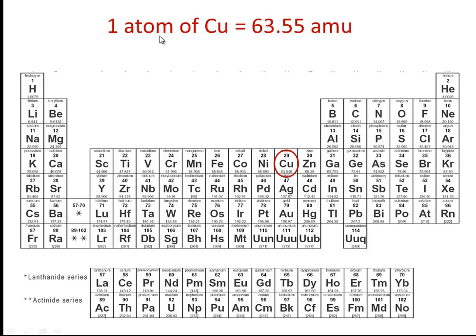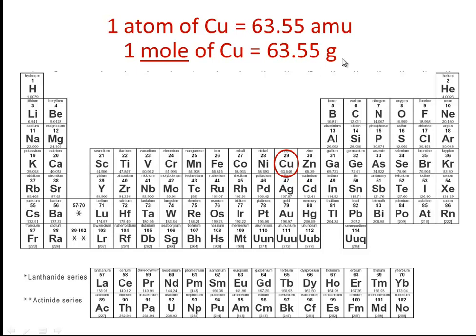Now, what that means is that one atom of copper has a mass of 63.55 AMU, atomic mass units. But if we want to know how much 1 mole of copper weighs, it's just the same number as the atomic weight, but in grams.